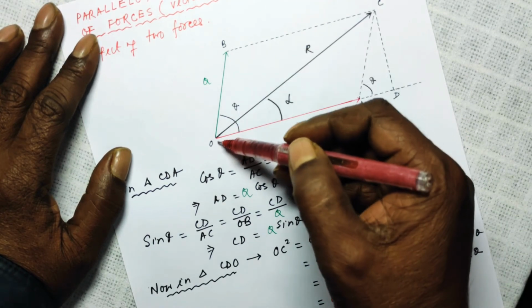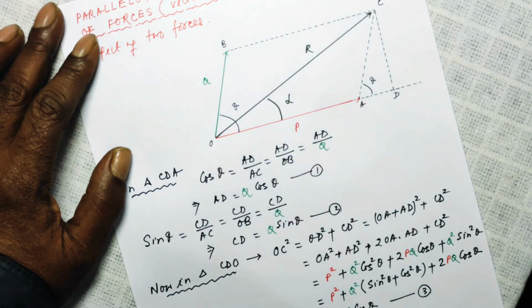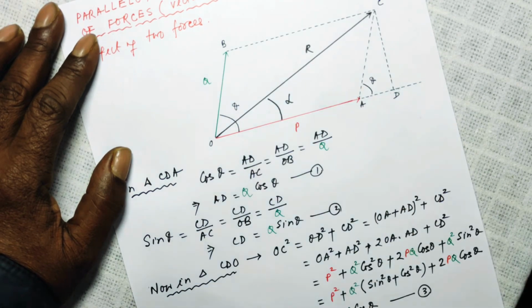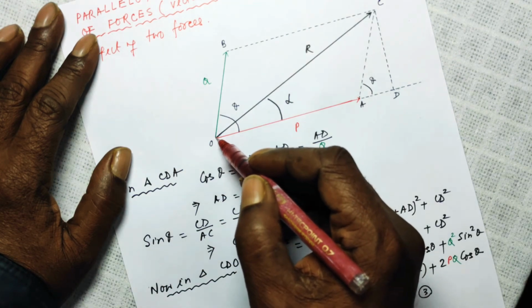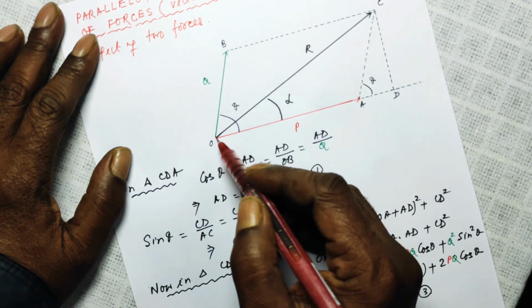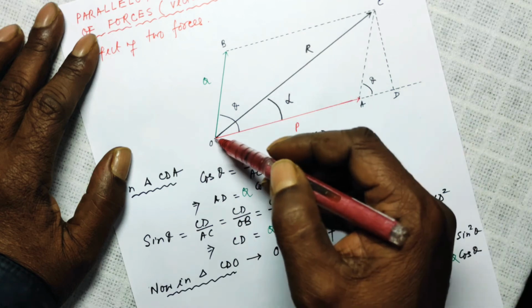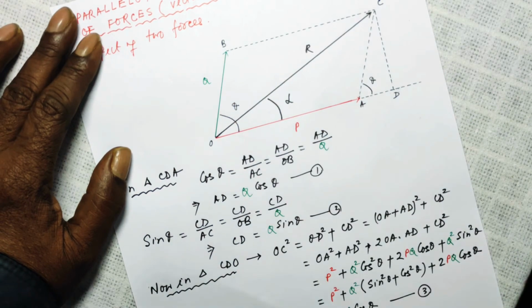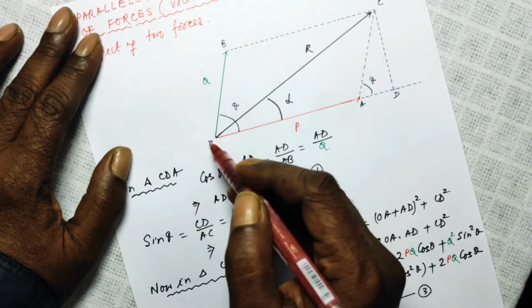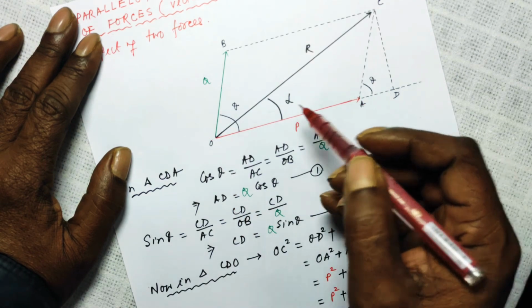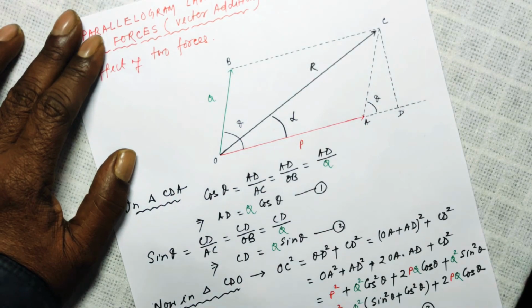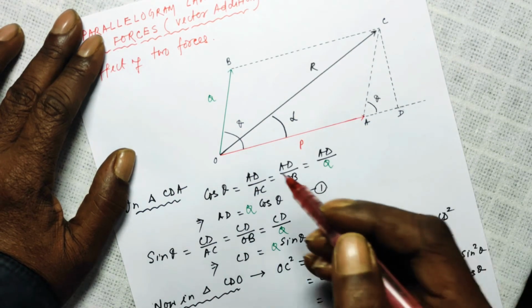And from O to B, the length of this line represents a force Q. This P and Q both are acting at point O. Suppose there is an object here at O. P amount of force acts to this side and Q amount of force acts to this side on the same object. You will find this object will neither move in the direction of P nor in the direction of Q. Then in which direction will it move?